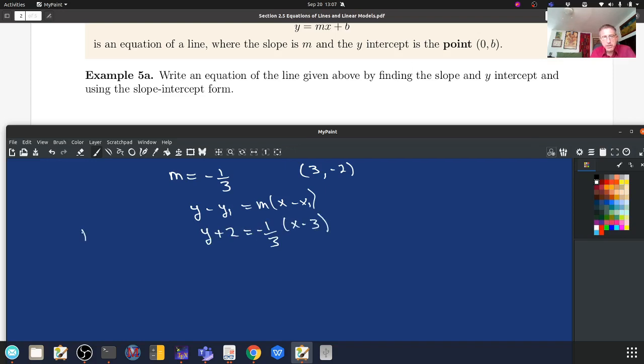So this is point-slope form. That's what I'm given. But what I want is y is equal to mx plus b. So this is my given, and this is what I want. I want an equation in this form. So clearly I have to solve for y.